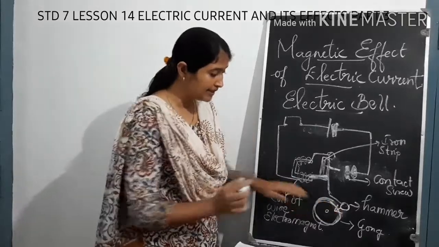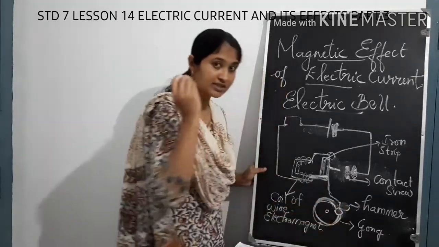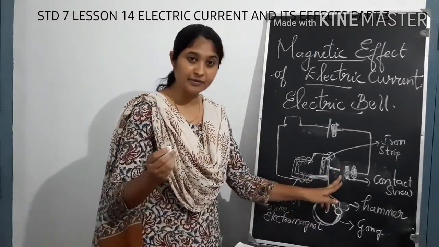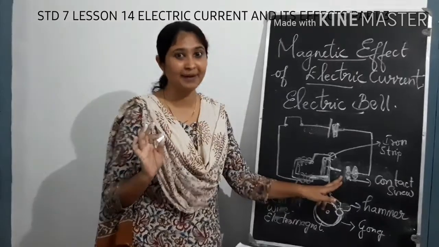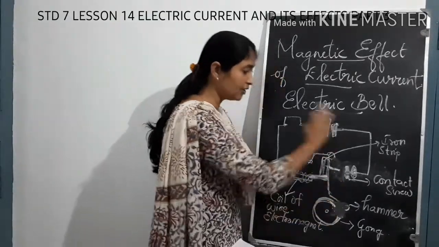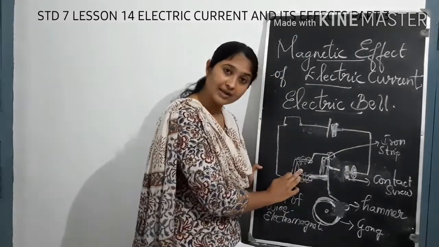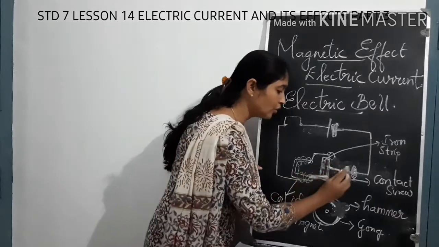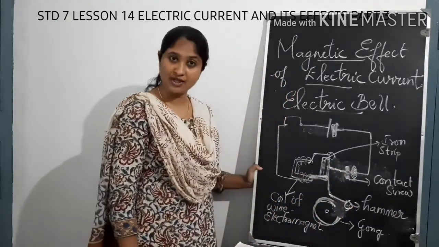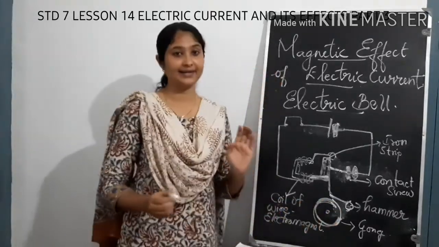Now here there is a gap, so there is no more electricity passing through that. This is no longer an electromagnet, so this will go back to the original position. That is how you hear the sound of the electric bell.